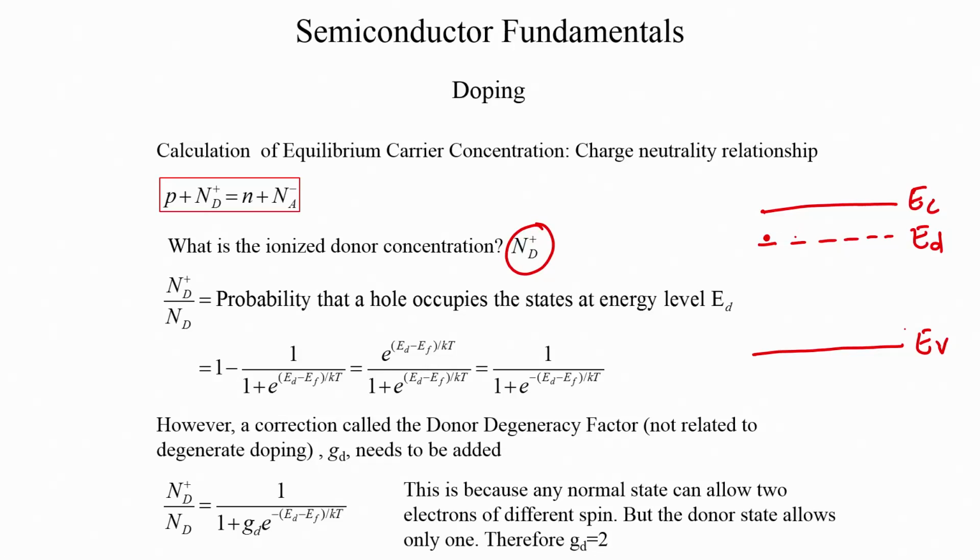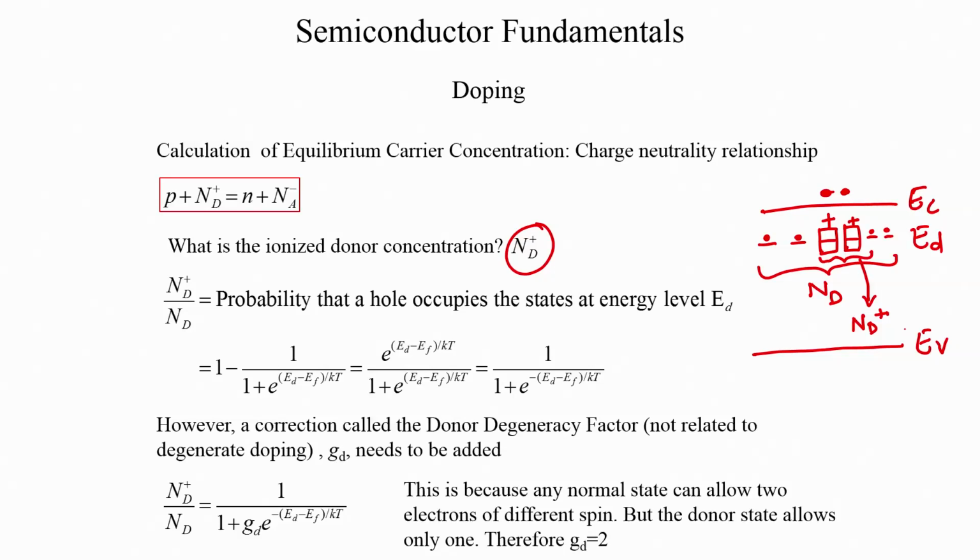Now, these have electrons and let us say these are the ionized species, they have given up electrons. The total concentration per unit volume is Nd, that is how much we added, out of which a fraction of it has ionized. That is Nd plus, and that is what is needed for the charge balance.